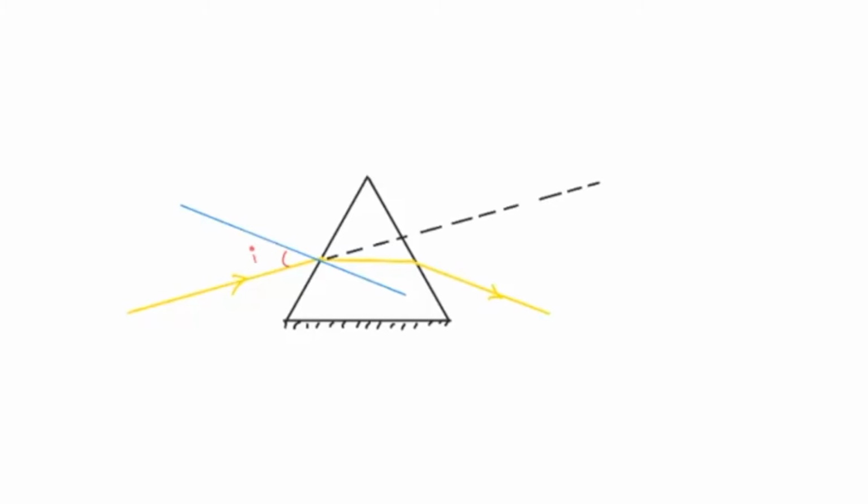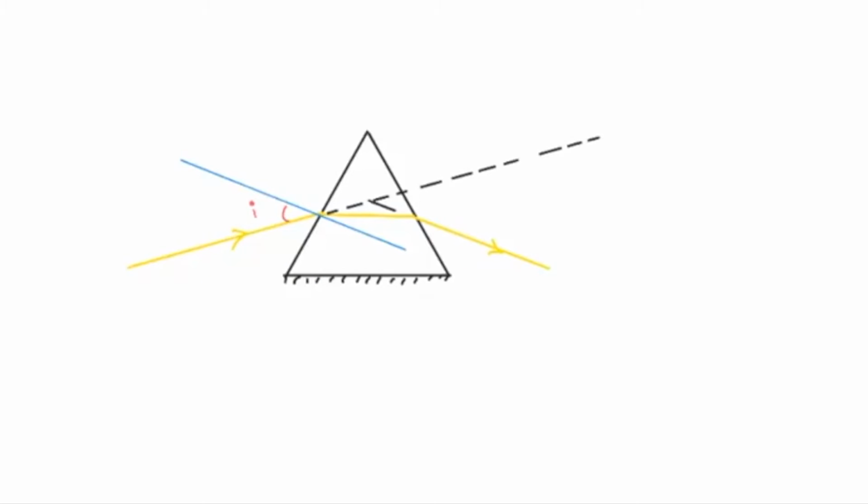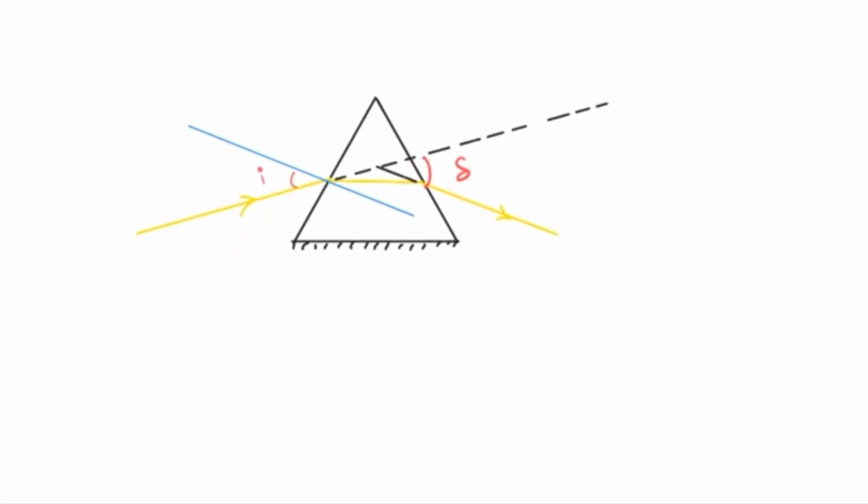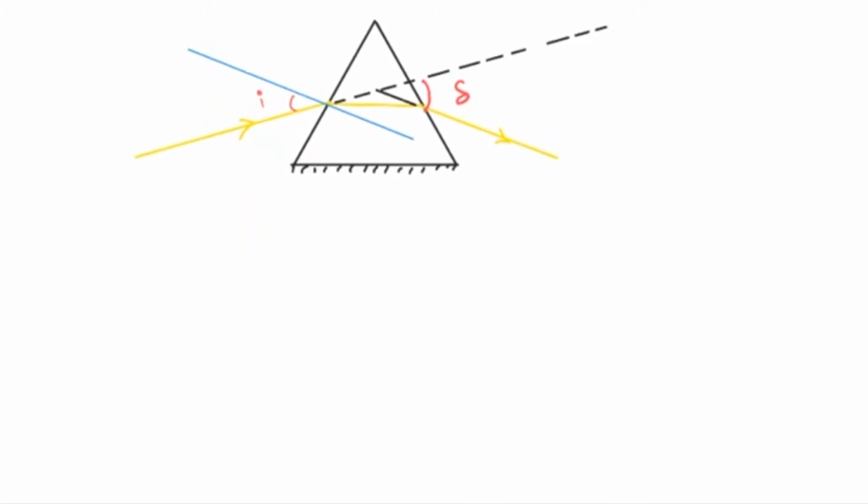And then we again extrapolate our outcoming beam here. So this is delta, that is the angle of deviation. Then what is the angle of minimum deviation that we are supposed to take in this? Here, if I keep on changing I, I'm talking about a particular wavelength. How will our delta vary?